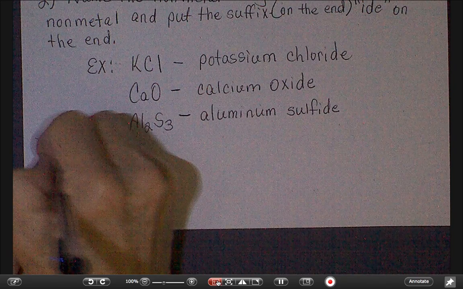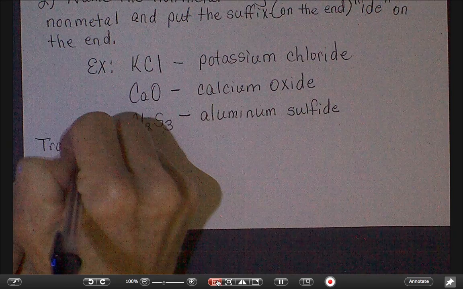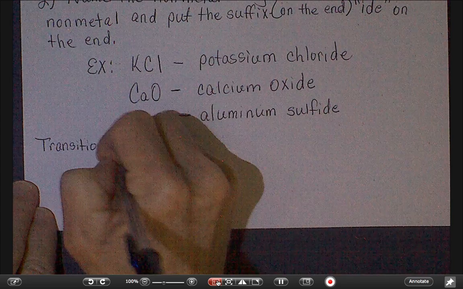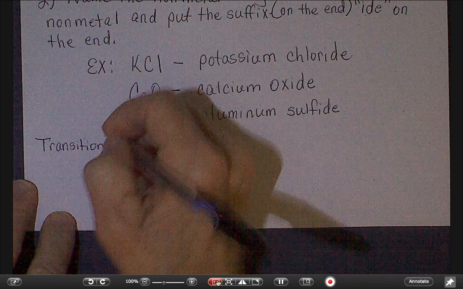Transition metals. Is this a heading? No, it's just a sentence.